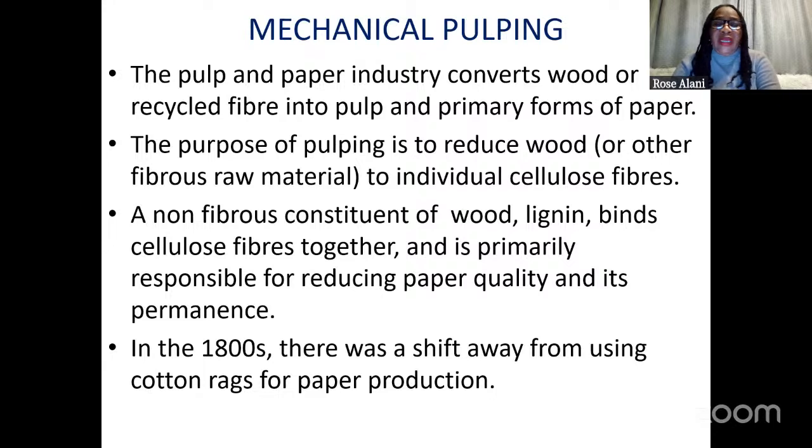In the 18th century, there was a shift. So this is a little bit of history. Initially, at the beginning of pulping, it was cotton rags that were used for paper production, rags cut from cotton clothes, converting them to pulp and then converting them to paper.